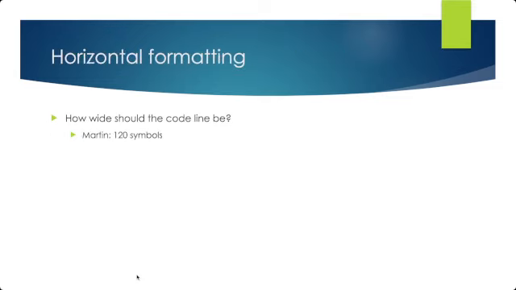Then, when we talk about formatting, we should think not only about vertical but also about horizontal formatting. Line length matters. If lines are too long, it's very hard to read them, and we need to scroll horizontally.